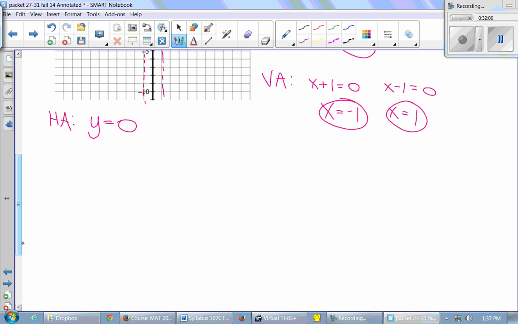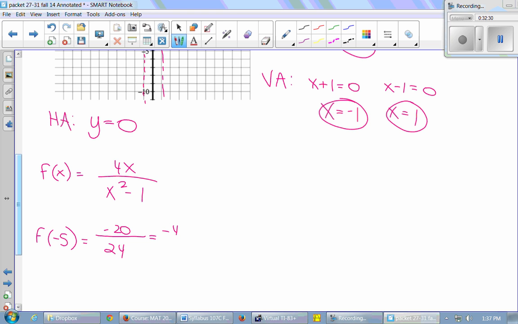Let's write the function down here. It was 4x over x squared minus 1. So if I plug in -5, I get -20 over 24. Yeah, so 5 goes into both of those. -4 over 6. -2 thirds.